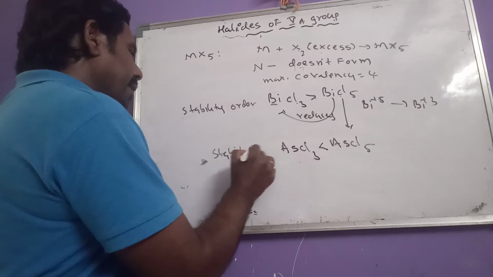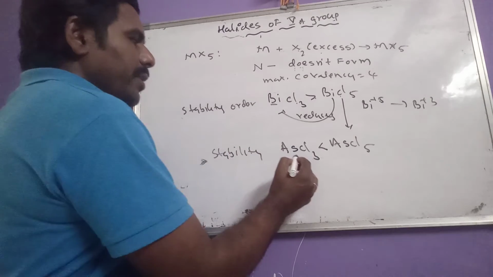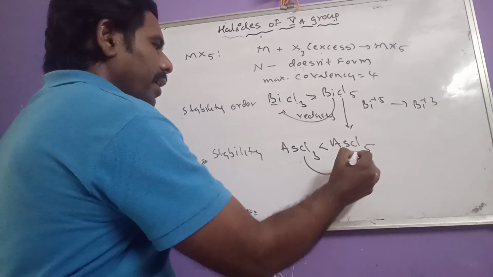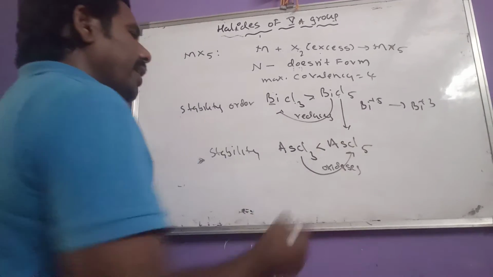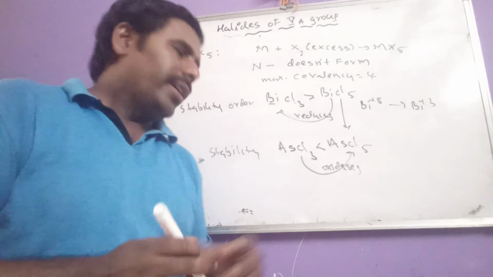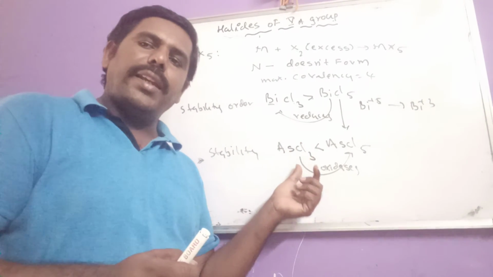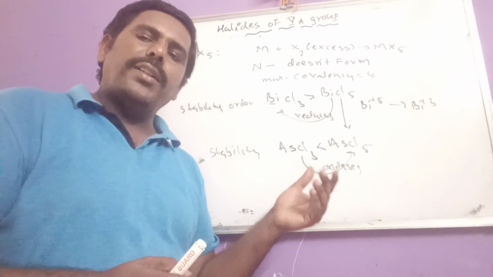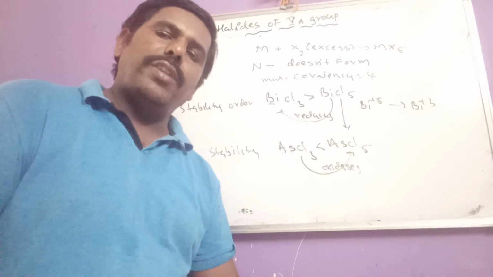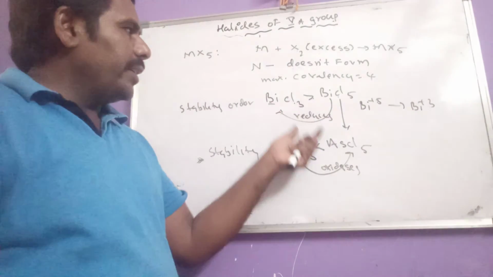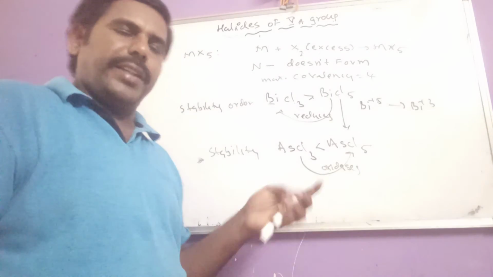So this is the stability order. That means AsCl3 readily oxidizes to AsCl5, so AsCl3 acts as a strong reducing agent. So we can get questions regarding these oxidizing and reducing characters.